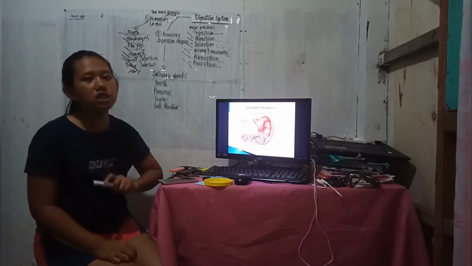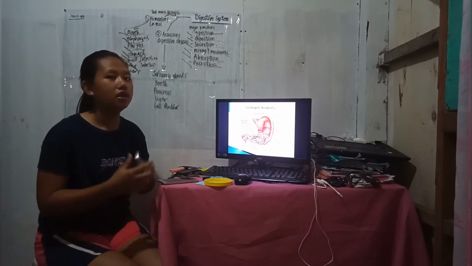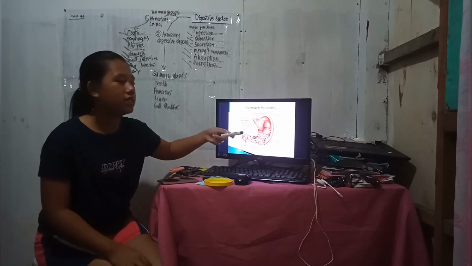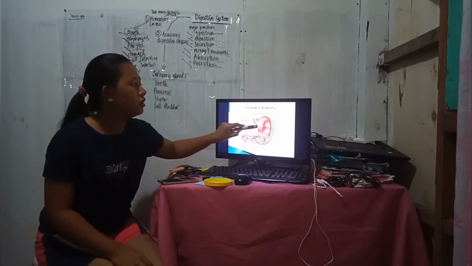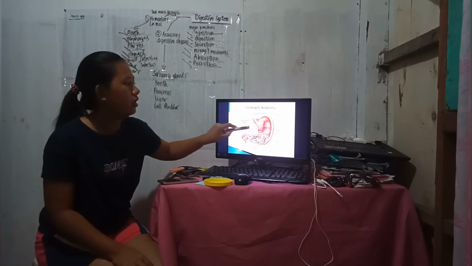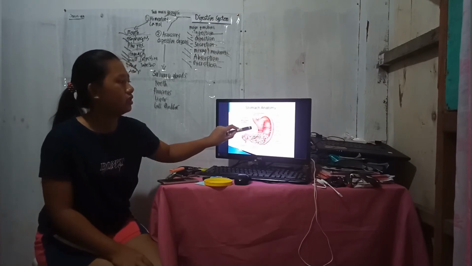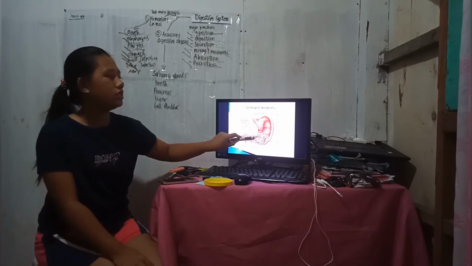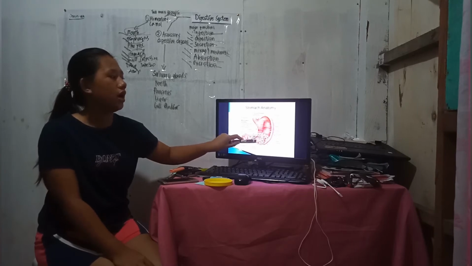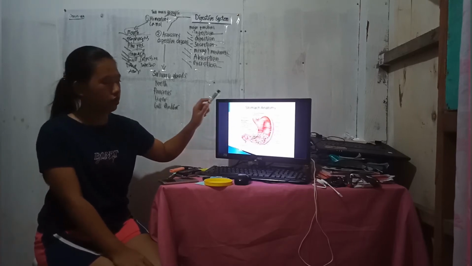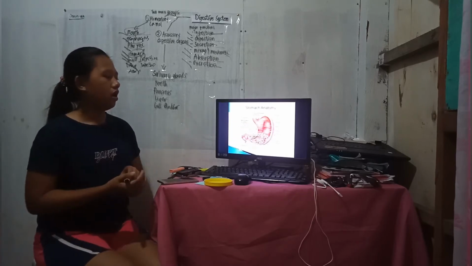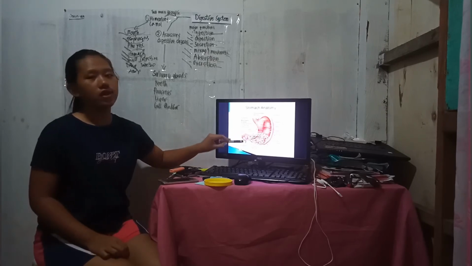The body is composed of muscularis externa, the three smooth muscle layers: the longitudinal layer, then the circular, and the oblique layer. Then this is the rugae of mucosa, the greater curvature and the lesser curvature, and then the pyloric sphincter, the terminal end.